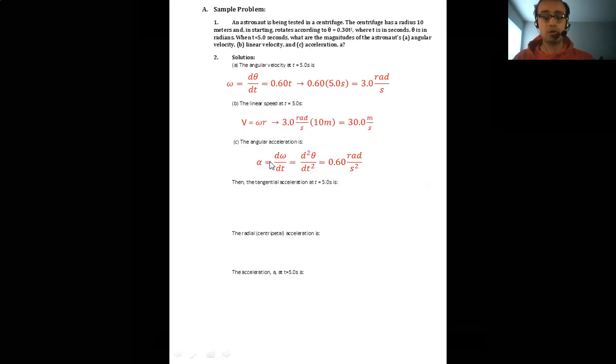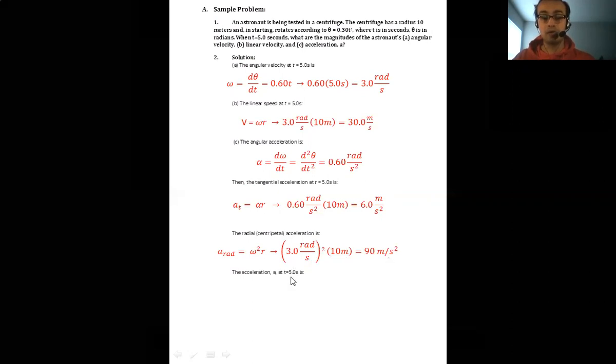The tangential acceleration, a_t, is equal to alpha times r. So that's 0.60 radians per second squared times 10 meters, or 6.0 meters per second squared. The radial acceleration, a radial, is equal to omega squared r, or 3.0 radians per second, squared, times 10, or 90 meters per second squared.